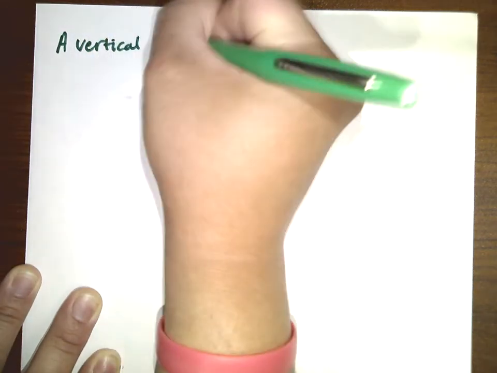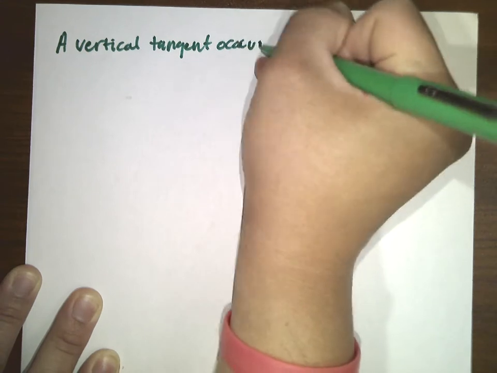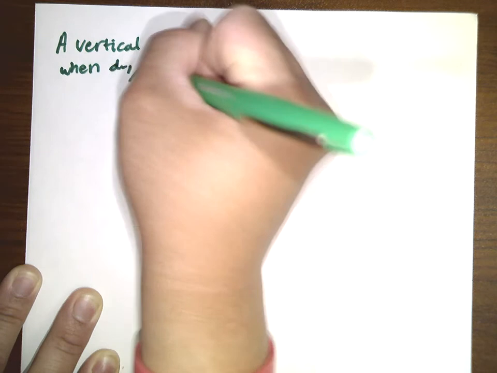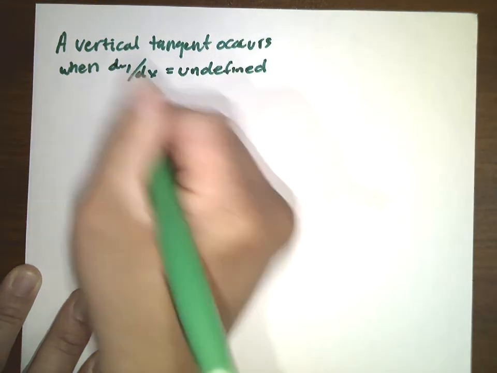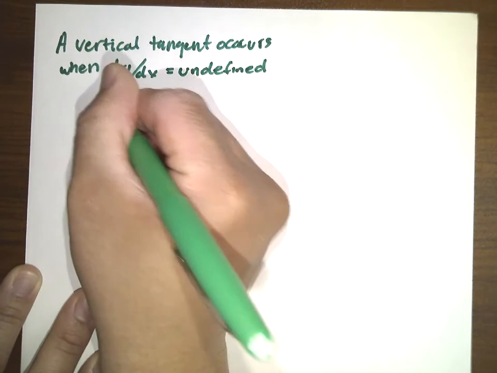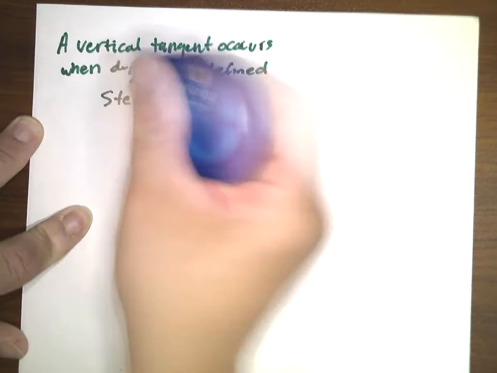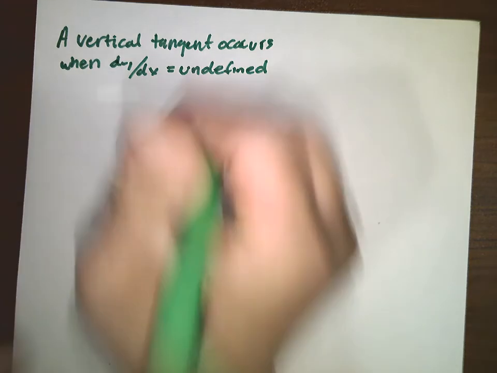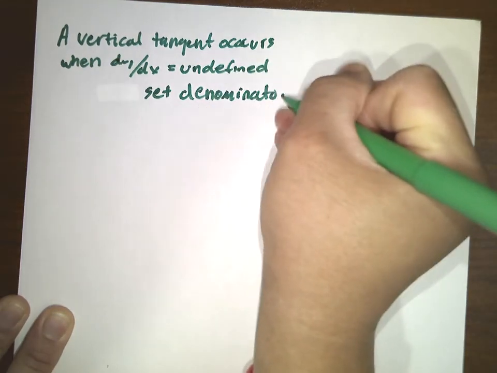So remember that a vertical tangent occurs when the dy/dx is equal to an undefined value here. So to find this, we're going to set the denominator equal to 0.